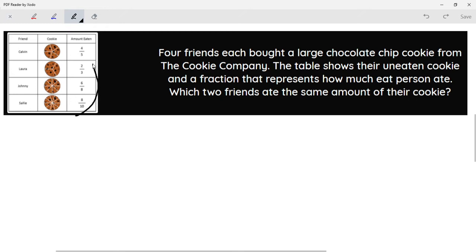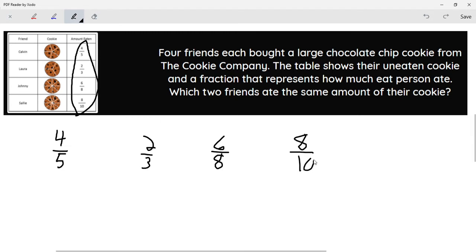So really, it gives us a story about these cookies, but all they're asking is, out of all of these fractions, 4/5, 2/3, 6/8, and 8/10, which of these two fractions are equivalent? Which of them are the same, right?